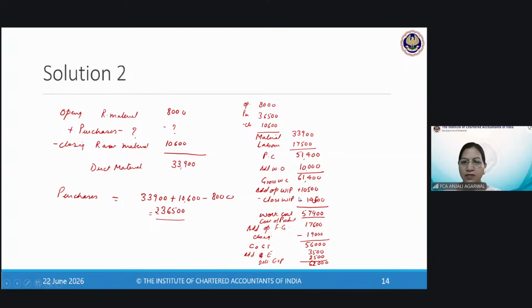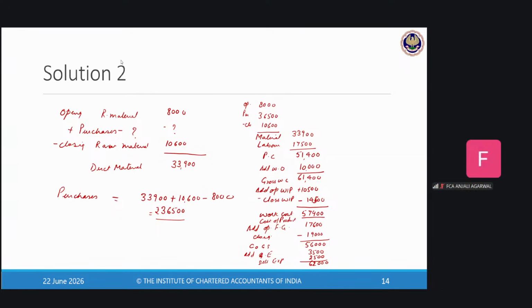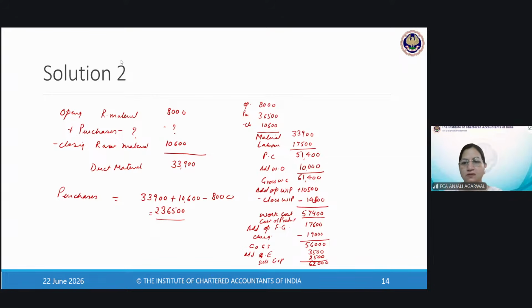Add opening WIP less closing WIP, you have the net works cost, which is also your cost of production, as administration expenses are not to be taken, right? So as administration expenses are not to be taken, your works cost comes out to be your cost of production.